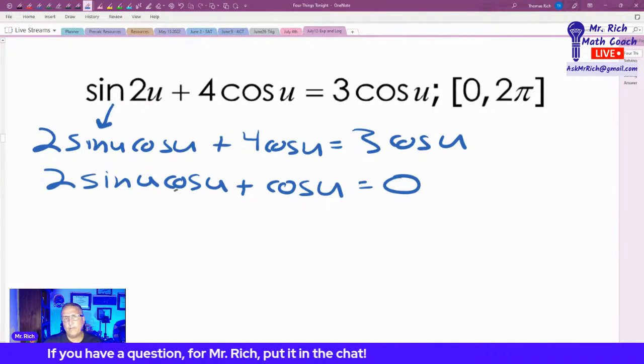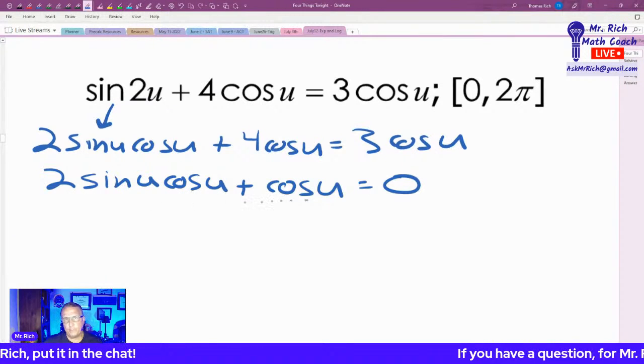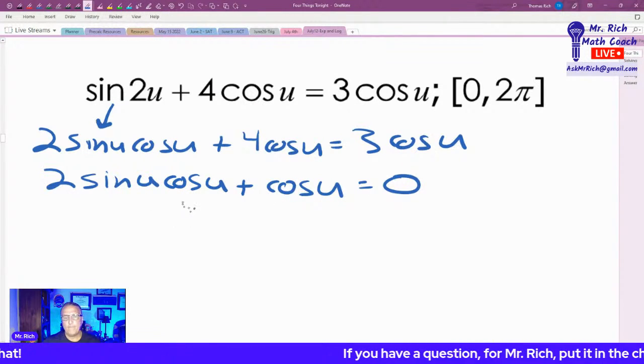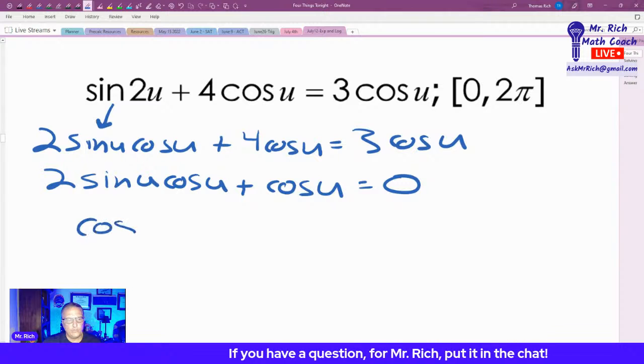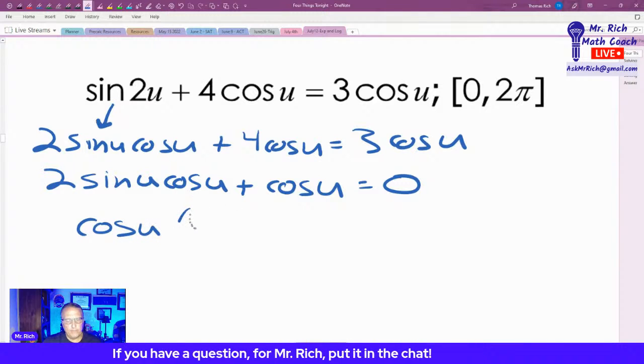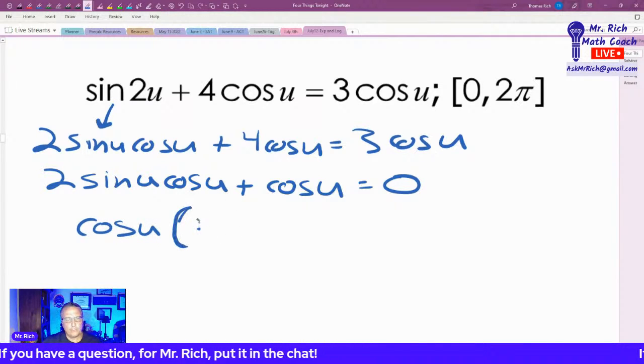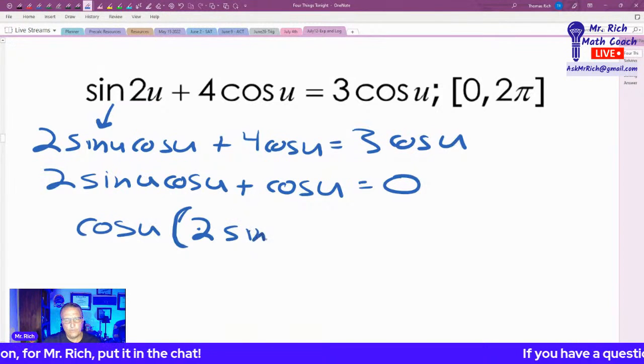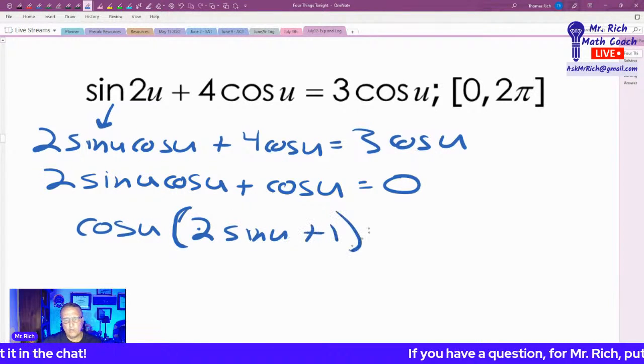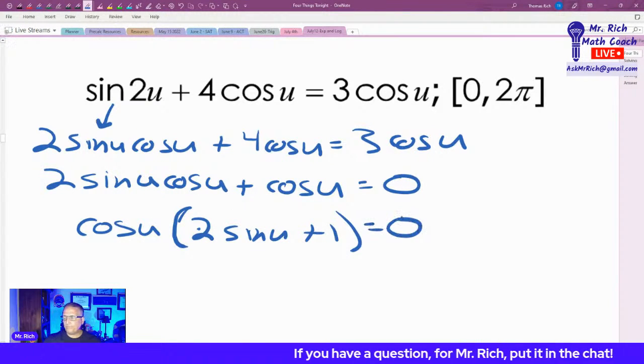Now, the technique that I'm going to use here is factoring. I recognize that I do have a greatest common factor between these two terms on the left-hand side. So I'm going to factor out a cosine u, leaving me inside the parentheses 2 sine u plus 1 equals 0.